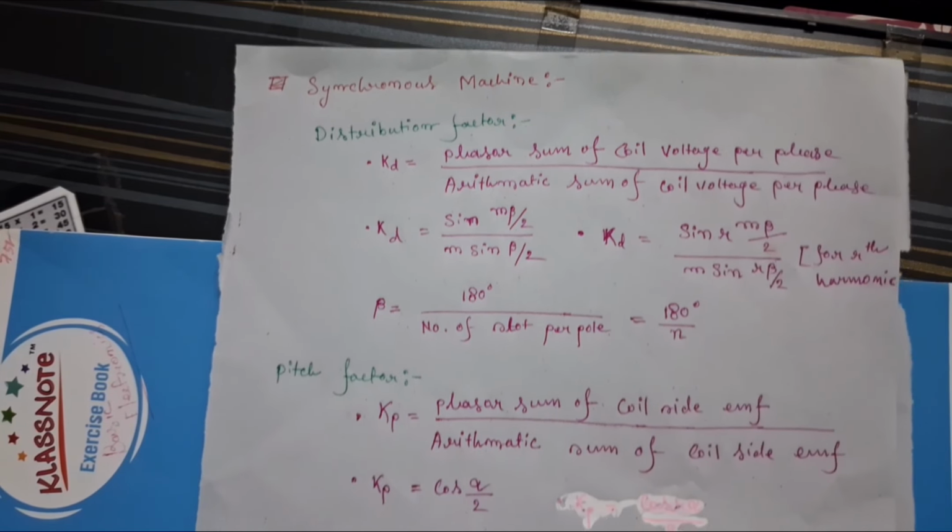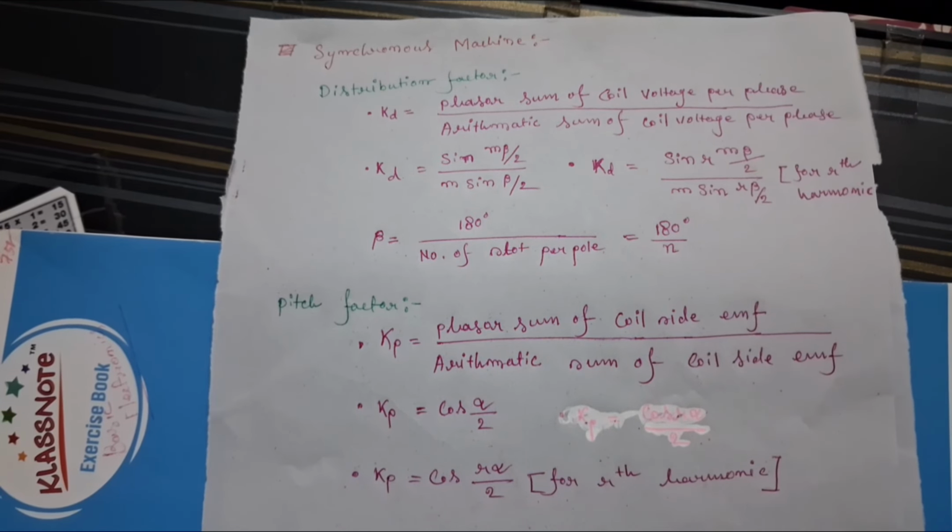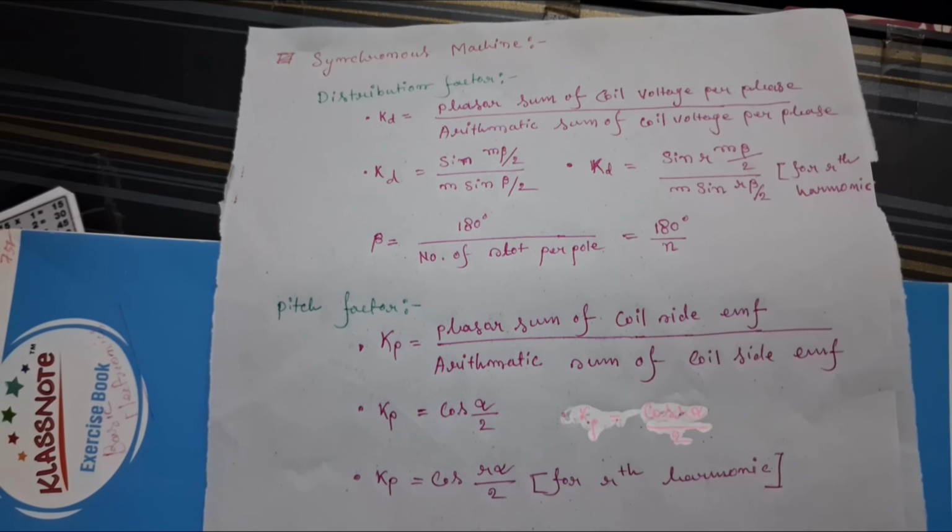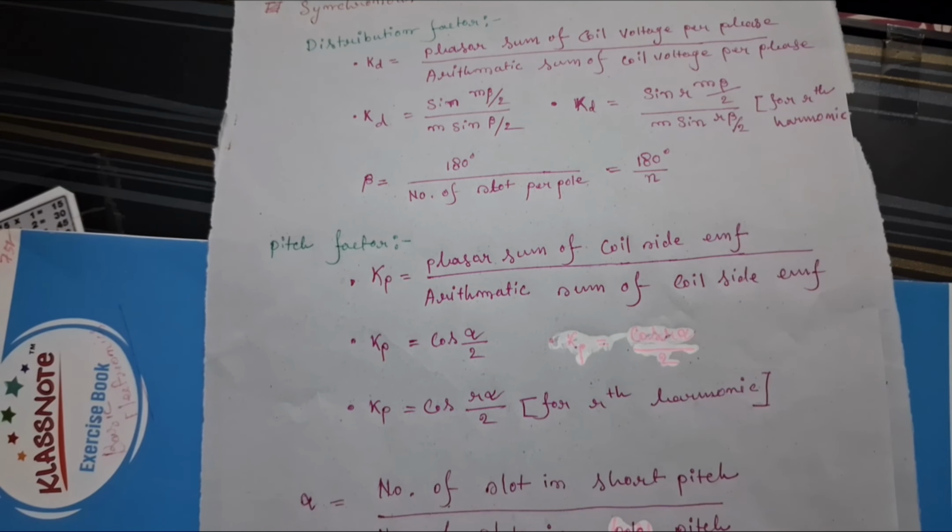Then you have to remember the formula of pitch factor. Pitch factor Kp equal to the division of phasor sum of coil side EMF to the arithmetic sum of coil side EMF. Also, Kp equal to cos(alpha by 2). For harmonic, pitch factor Kp equal to cos(r alpha by 2). Here r is number of harmonic present.